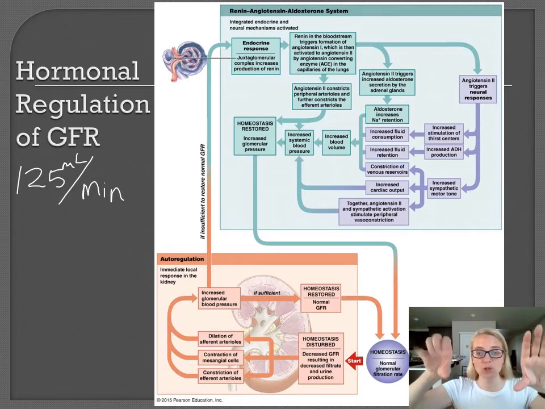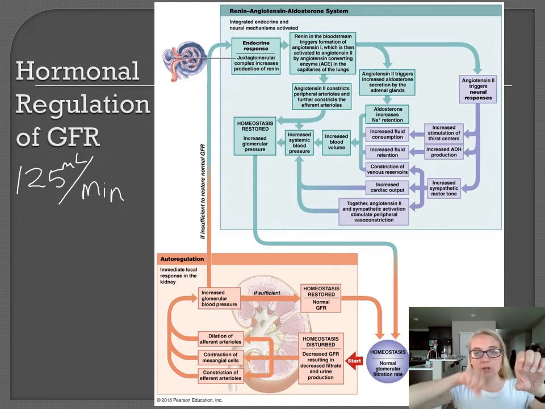So it's like we have 2 muscular doors, one in, that's the afferent, and one out, that's the efferent. If we want to increase the blood pressure within the glomerulus, we want to open up the front door, allowing a lot more blood to come in, and squeeze down and close the back door to prevent blood from leaving as easily. Both of those things are going to increase the resistance, increasing pressure within the glomerulus.